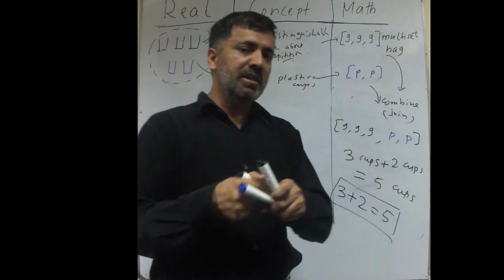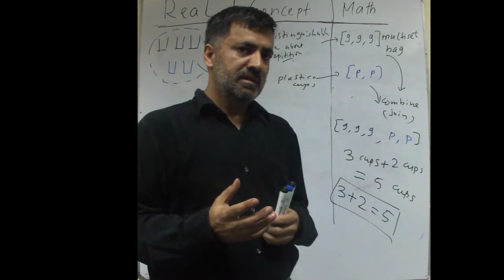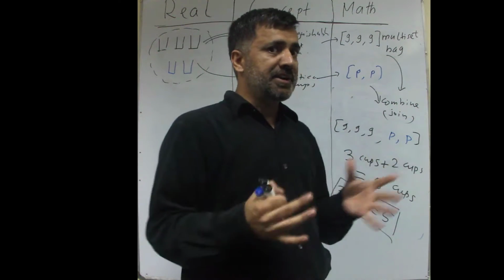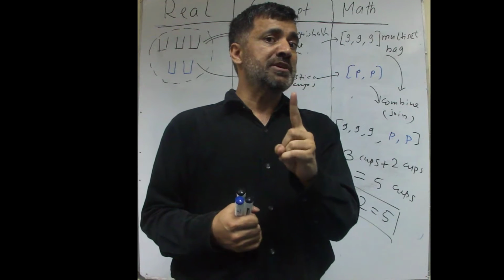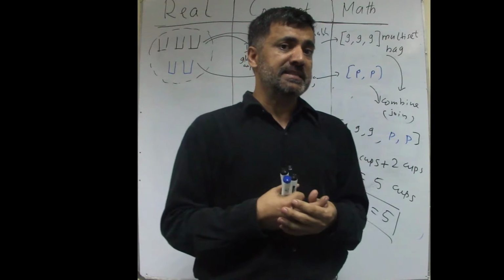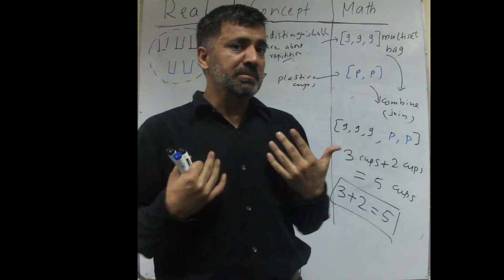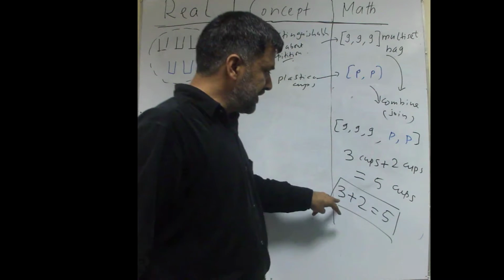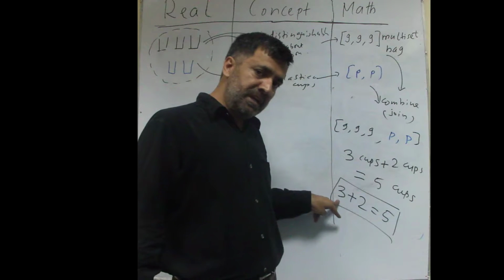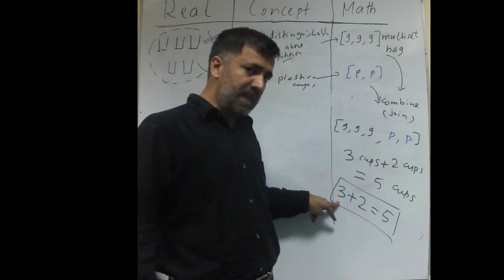Now try to recall those two interpretations. A number represented the size of a collection. Remember, at that time I was using the word set because I knew you only were in a position to understand set. Now we know that we are using multi-set basically. So when I say group of objects, I'll be referring to a multi-set. So if I want to read this equation, 3 plus 2 means 3 is the size of a multi-set with abstract objects.